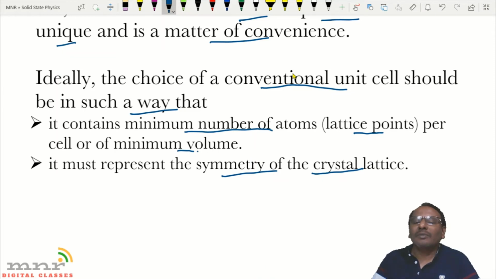So it must be able to represent the symmetry of the crystal. It may be translational symmetry or rotational symmetry or any other symmetry constraints. These are the 2 criteria which are to be considered while choosing the unit cell for any crystal structure.